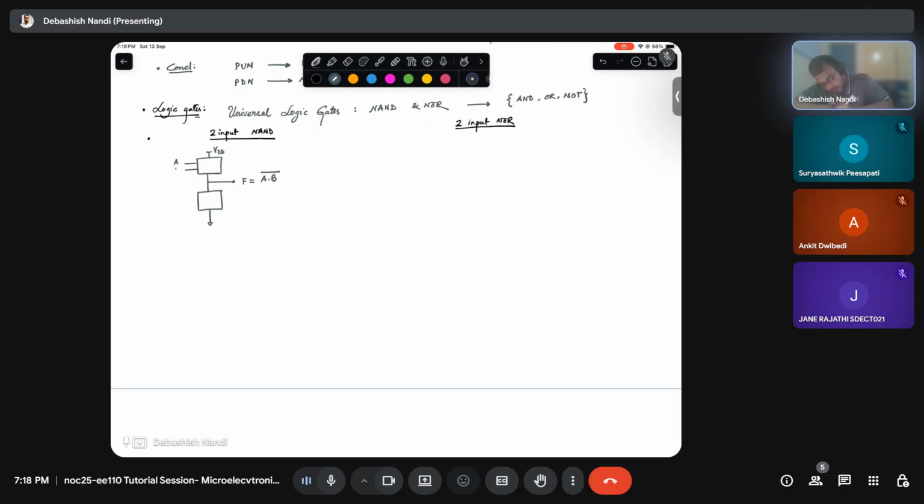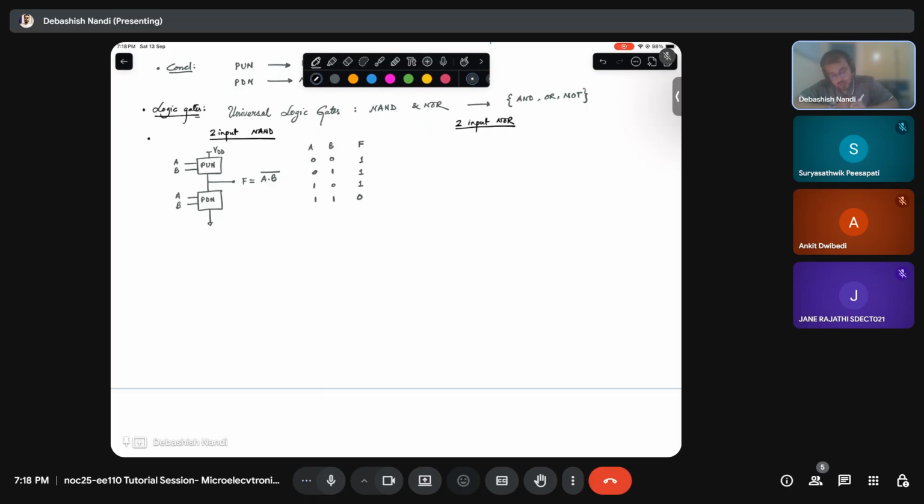So I will have AB in this case as well as AB in this case. So this is my PDN, this is my PUN. So I want to design my PDN and PUN. So what is my AB and let's say F? I can have 4 combinations. In all these 3 cases, I want 1 and in this case I want 0, right?